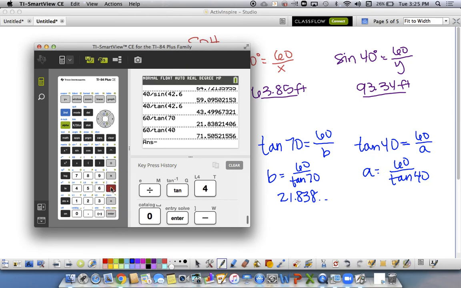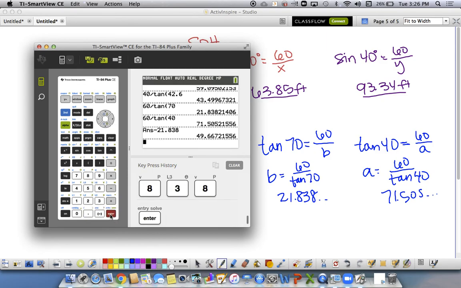I'm going to subtract 71.505 minus 21.838. If you want, you can go and copy that number. They're approximately 50 feet away from each other, or Z equals approximately 49.7 feet away from each other.